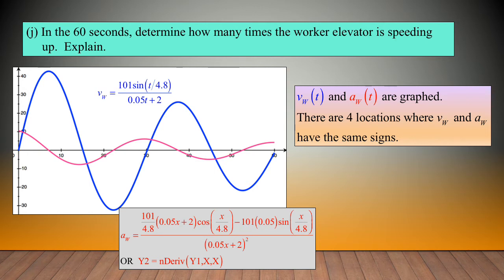And now the second part of the numerator will be minus the numerator, 101 sine of (x over 4.8), times the derivative of the denominator, which is 0.05. Or, much easier, we can say y2 is equal to nDeriv(y1, x, x). This is permissible on the calculator section.